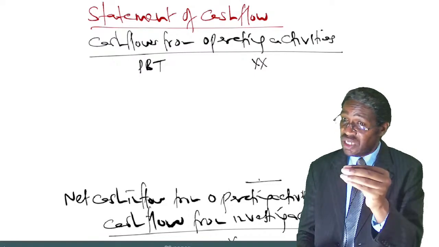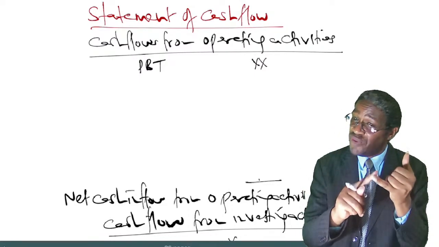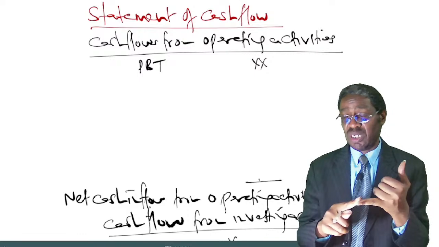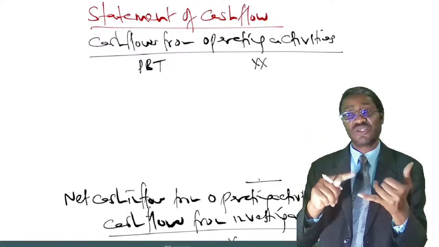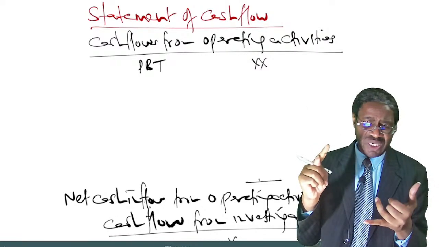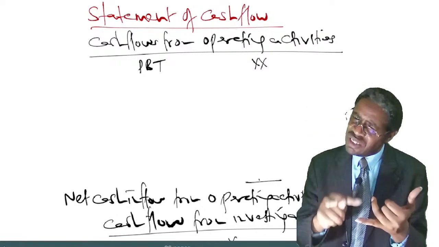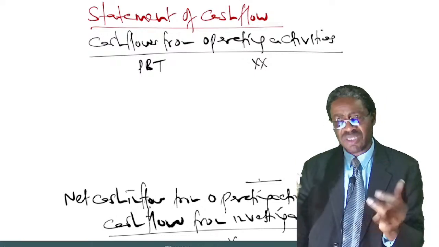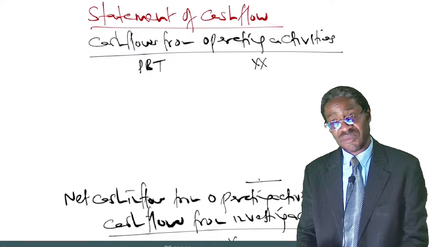If an item made the profit less than it should be, then to correct it, you add. If the item made the profit more than it should be, you deduct. So let's start.